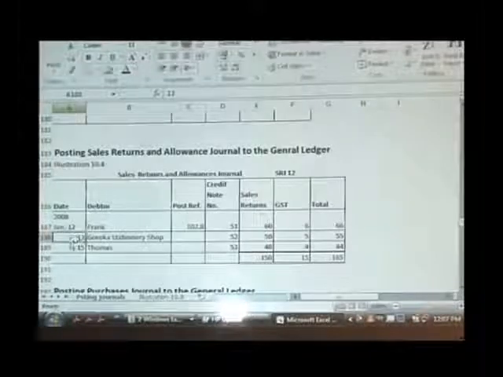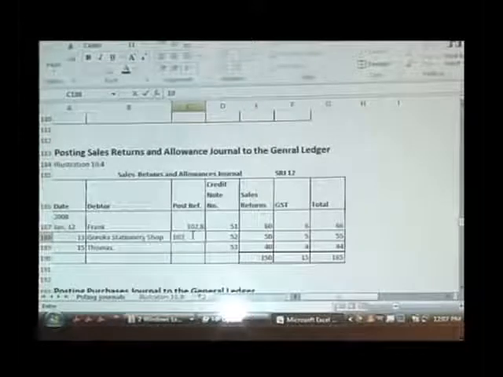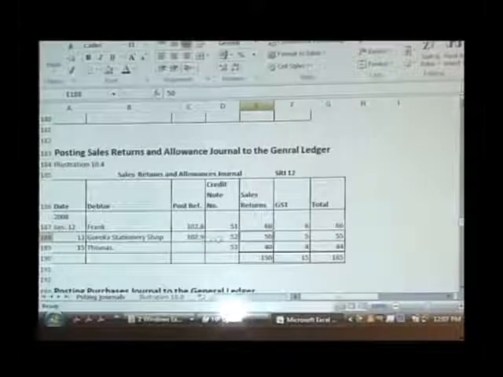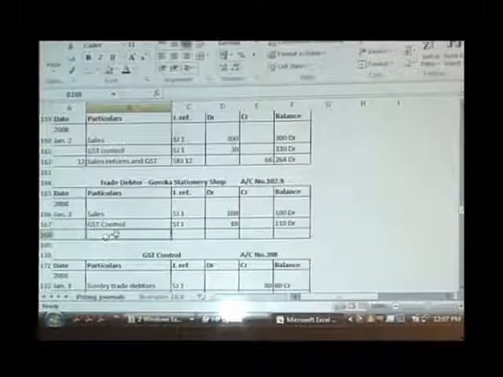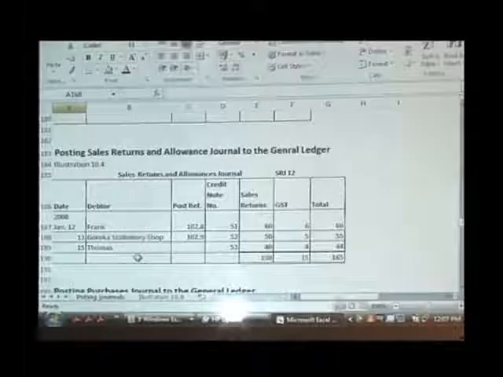Similarly, next transaction on 13th, Gorka Stationery Shop, account number 1.2.9. Then the total amount is 55. So 55 can be posted straight away. Find the Gorka Stationery Shop, and the date is 13th.